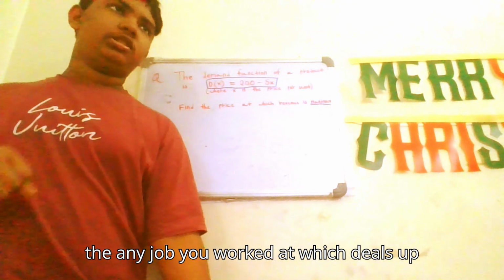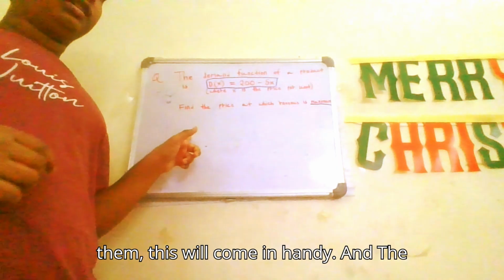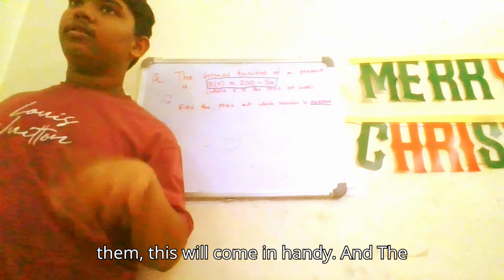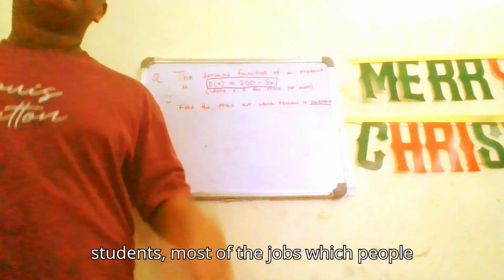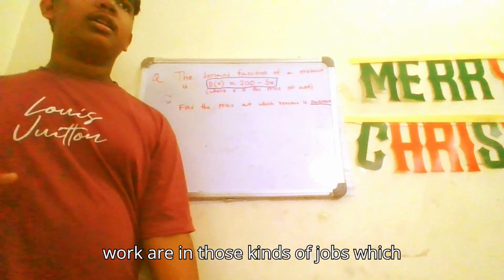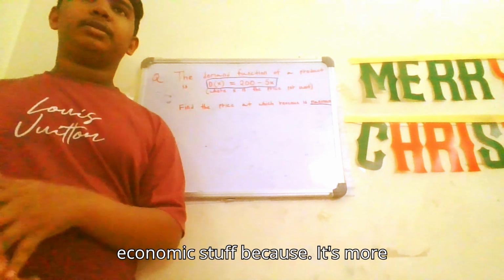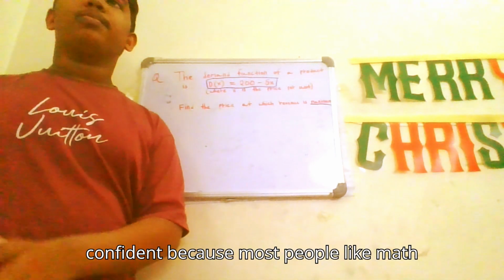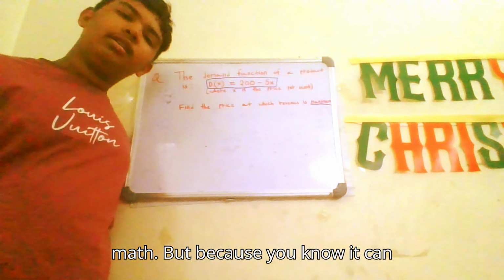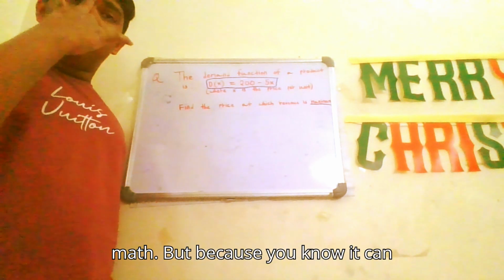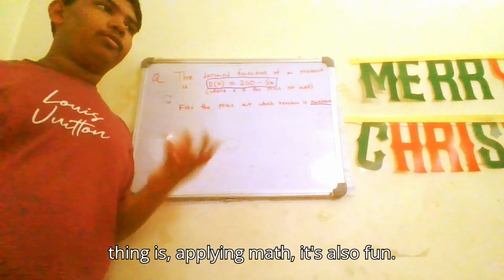Any job you work at which deals with any one of those things or all of them, this will come in handy. And the thing is, most of the jobs which people work are in those kinds of jobs which involve money and economic stuff, because most people like math, and especially applied math. Because it can actually take you places, it's good. The thing is, applied math is also fun.